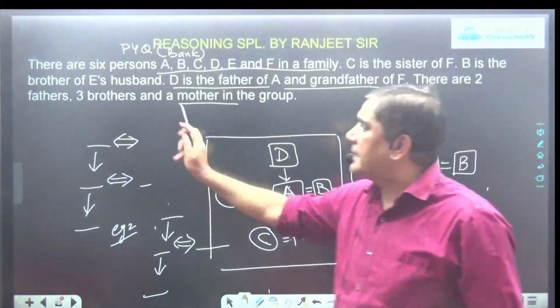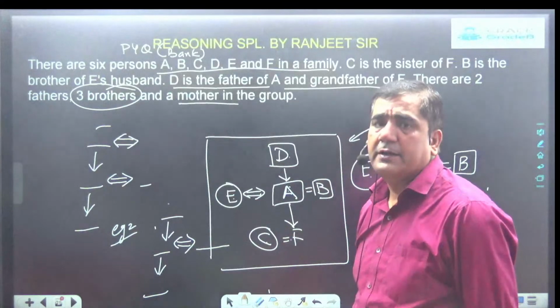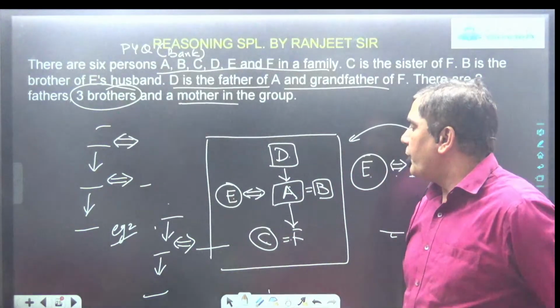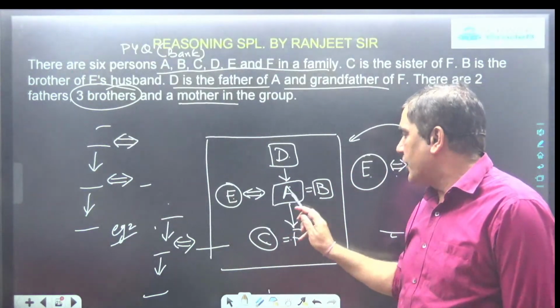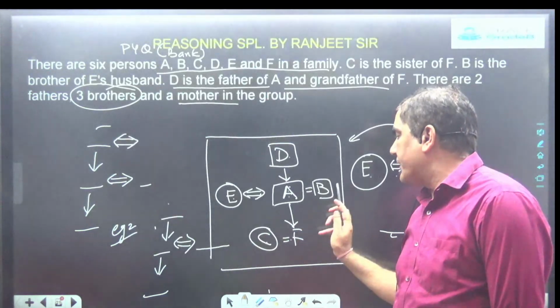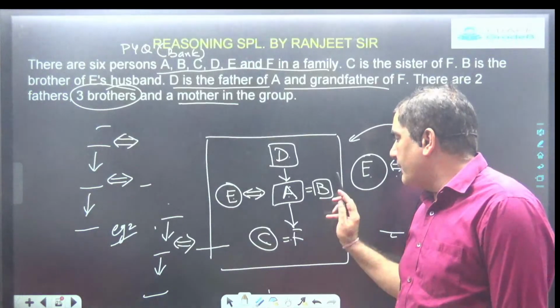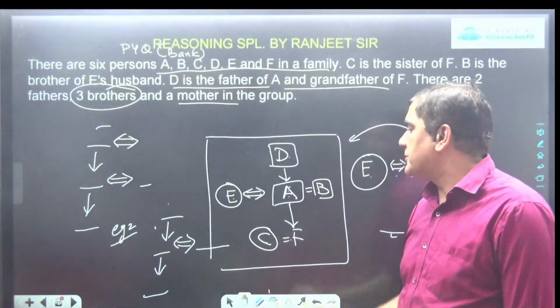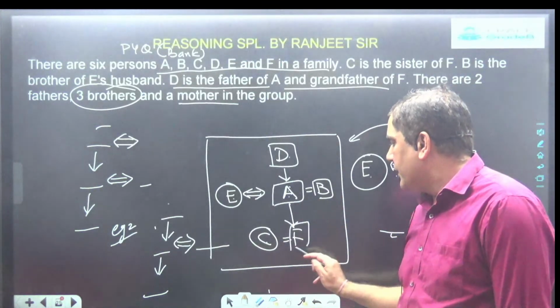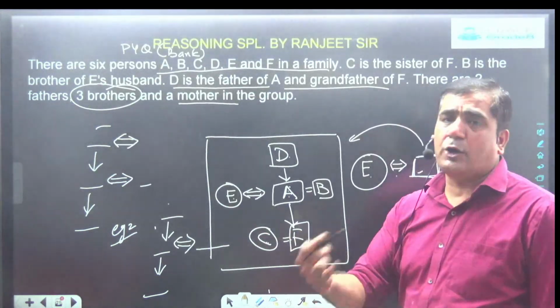And at last they are saying there are 3 brothers in the family. There are 3 brothers means what? First brother will be A, brother of B. Second brother will be B, brother of A. And the third must be F only, because these 2 are female and cannot be brothers.